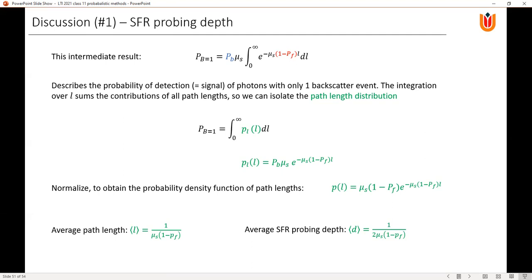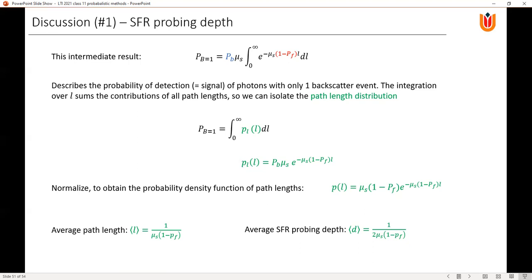So if you form this into an integral form that runs over the path length L, and it is properly normalized, it means that you have a probability density function for path length L. So you can refactor that equation, which was one of the intermediate steps, into this form.